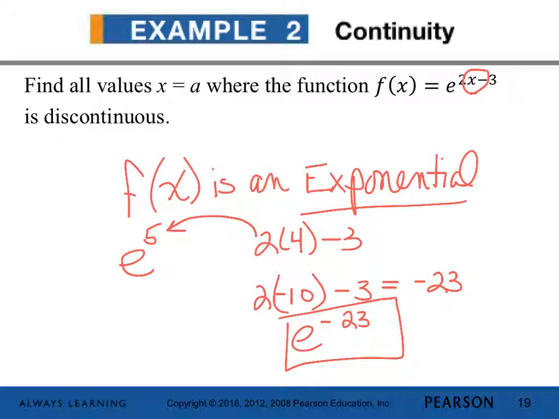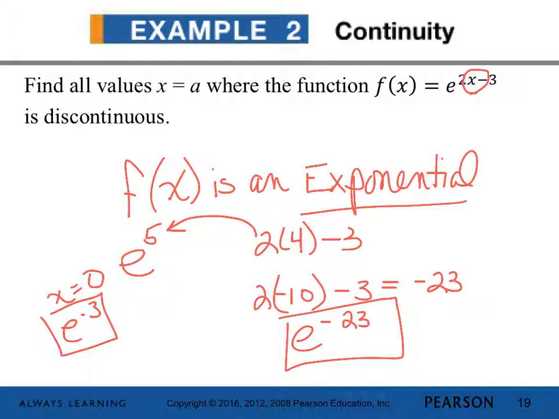And even if x was equal to 0, then that means e is to the negative 3 power, because 2 times 0 minus 3 would be negative 3, and e to the negative 3 is defined, no problem.